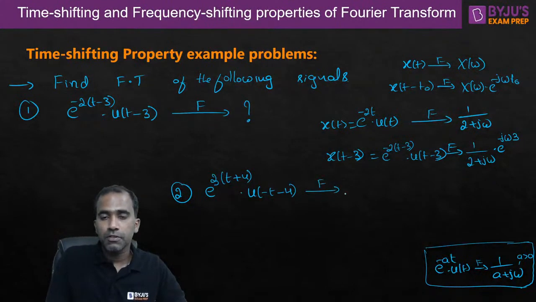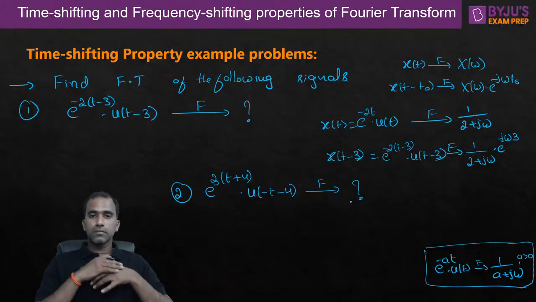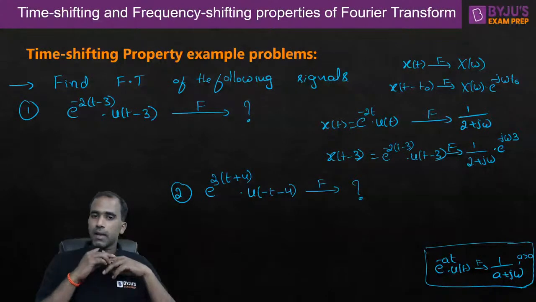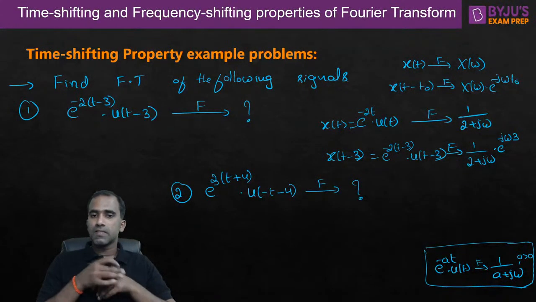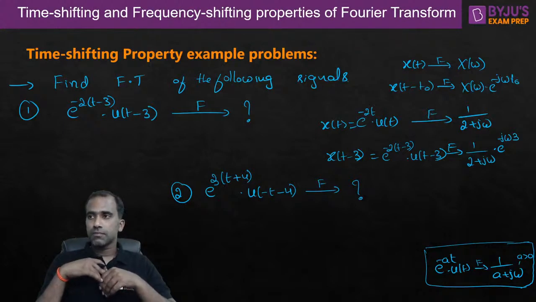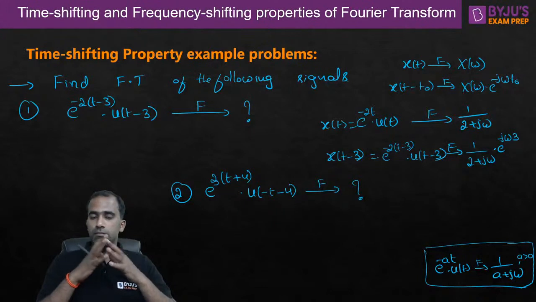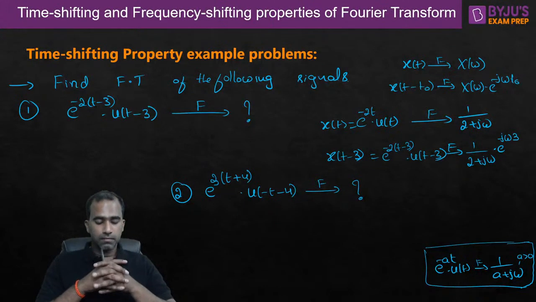So how about the Fourier transform of this one? This is the question. So there is some kind of time shifting happening here also. Without that shifting, write the signal. Then with shifting, we can find the Fourier transform. Anyone can answer it?